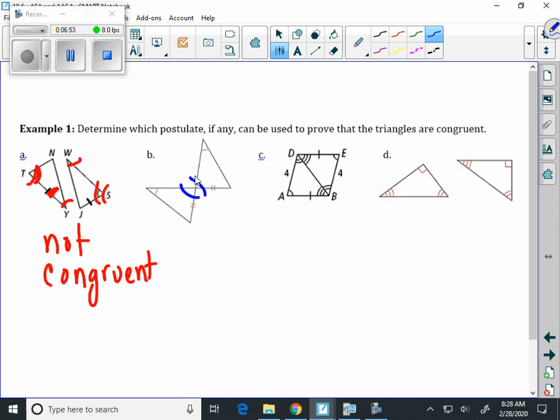And now what we see is that we've got one angle in one triangle congruent to one angle in another. We have our vertical angle marks there for congruency. And then we also have sides. An angle, angle, side is an option. The sides do not have to be included. So this one's going to be angle, angle, side.